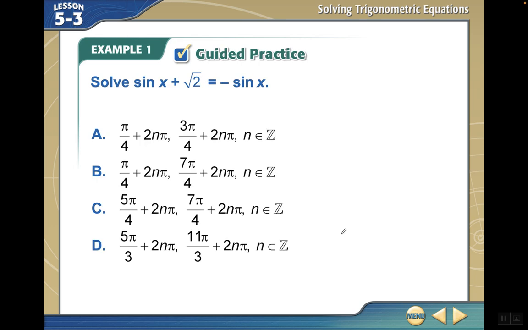Okay, so you can go ahead and pause it and try to do this one if you want. I'm going to go ahead and show it real quick if I can. So I'm going to add sine x to this side, so I have 2 sine x, and I'm going to subtract square root of 2, so I have negative square root of 2, and then I'm going to divide by 2, so I have sine of x equals negative square root of 2 over 2.